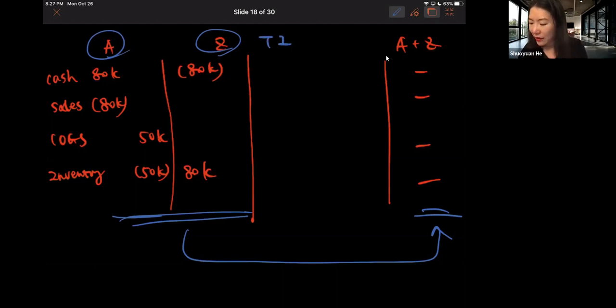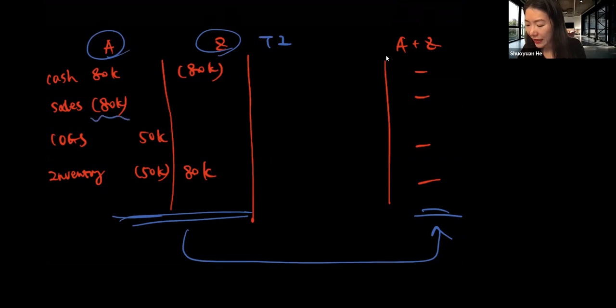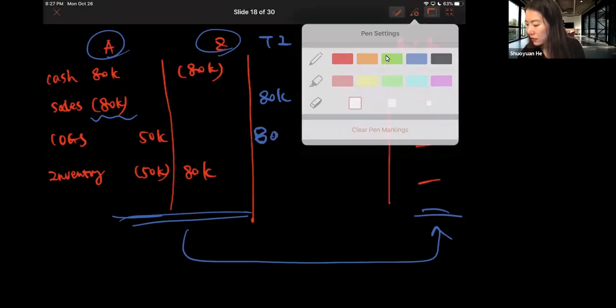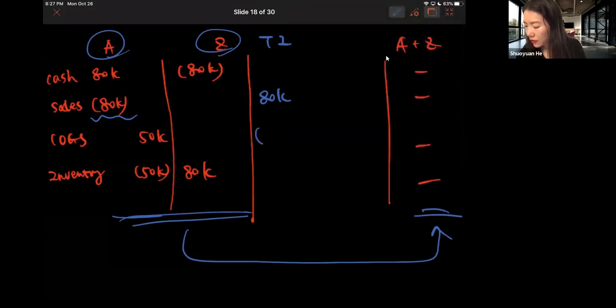Entry TI, so obviously here sales is overstated. So we put down sales by 80,000, and then for cost of goods sold, cost of goods sold goes down by 80,000.